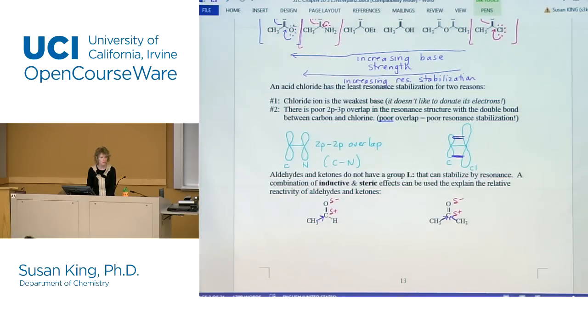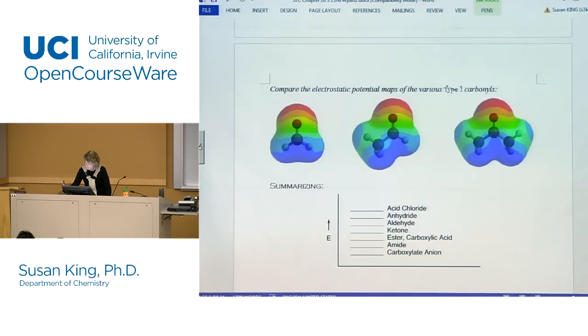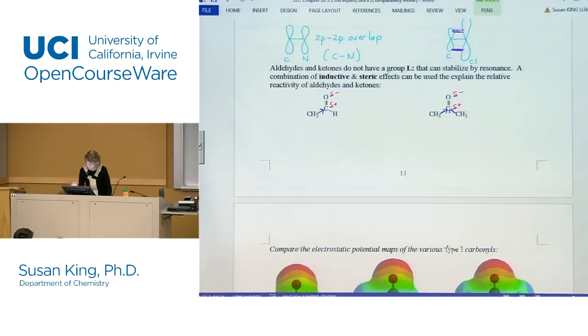Okay, this is with the ketone, right? Because we've got two electron donating methyls. With the aldehyde, we only have one. So for inductive effect, let's summarize. Methyl is an electron donating group. That's going to make carbon less positive.